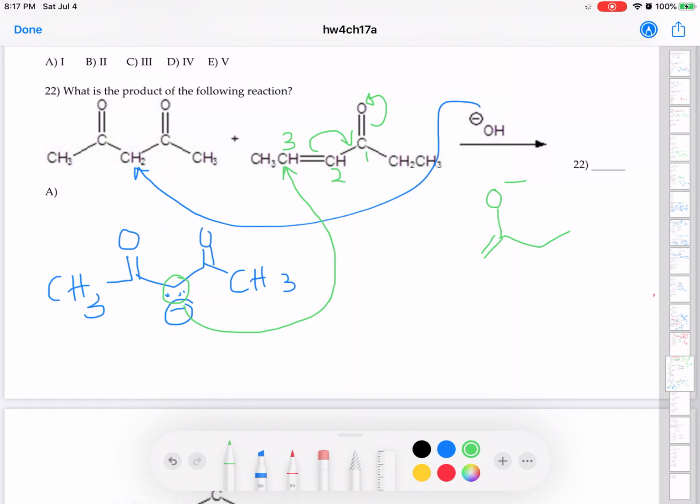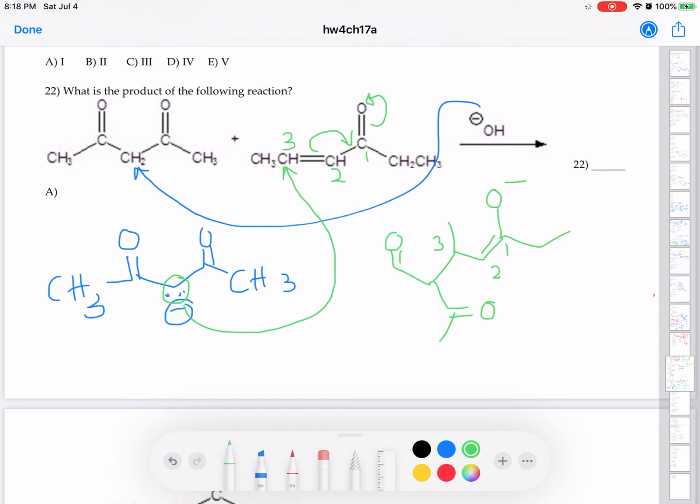So this is what you're going to be getting, CH2CH3. Here you're going to have a double bond. This is number 1, 2, on the number 3 carbon there, and then on 3 you have a methyl group, and the third carbon, so this is the third carbon, and the enolate is going to add. So that carbon has another methyl group.